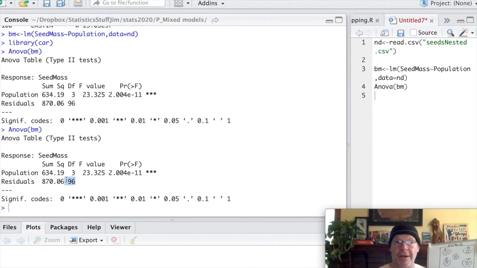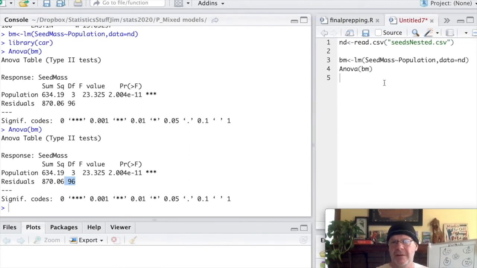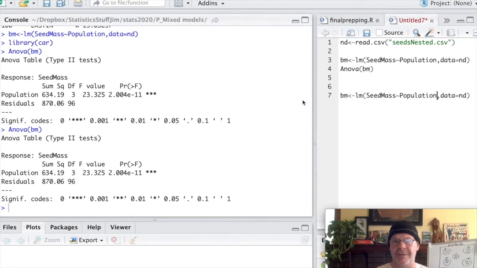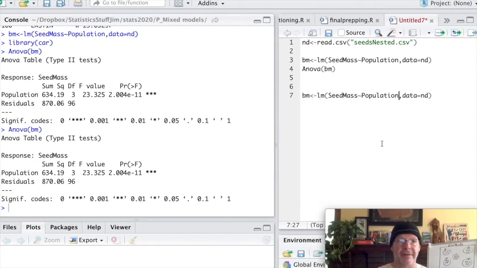And so we could try to fix this using the linear model function in R, and we could ask R ever so kindly to treat that as being nested. We can do that by saying we want to include population in there because we're interested in the differences among populations. But then we're going to say that families are nested within population. How do we do that?